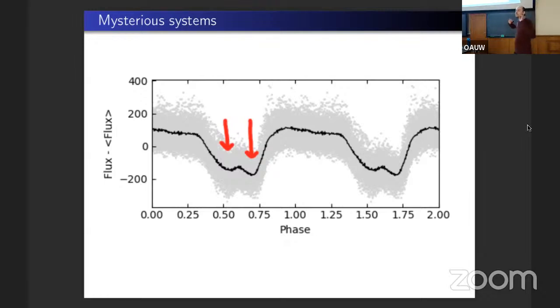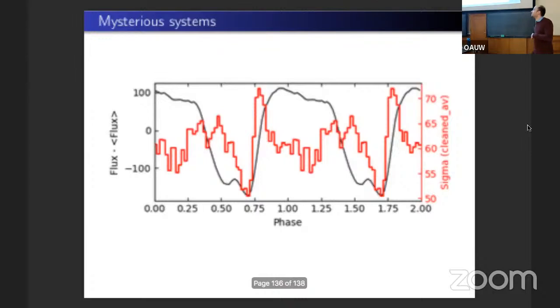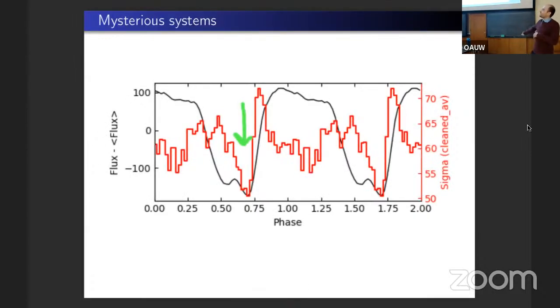So when we, again, using the same methodology, look at the flickering in the system, we see that only one of these eclipses corresponds to an eclipse in the flickering source. And this is a non-magnetic system. And I have no idea how to interpret this data. So if you have any ideas what can cause that, please let me know.